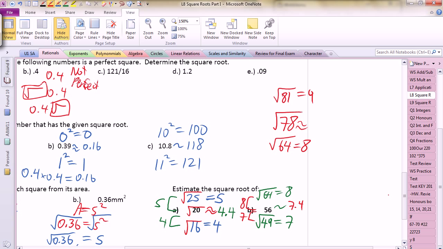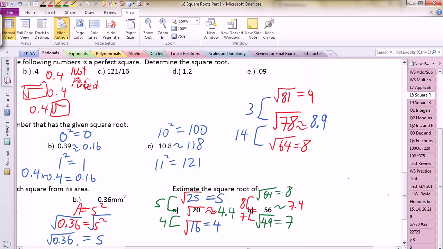Now, how far apart are your numbers? 3 apart. And what about down below? Ooh, that's a long ways. 14. Wow. So what do you think the approximate square root is going to be? 8 point what? 8.9, 8.8, so, somewhere around there.